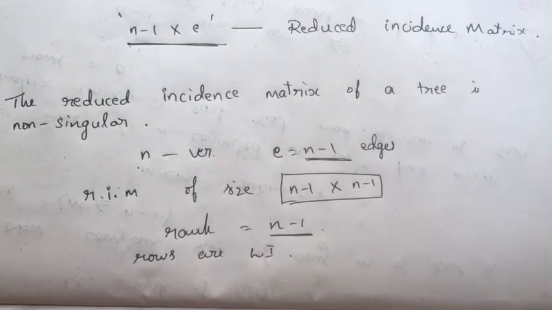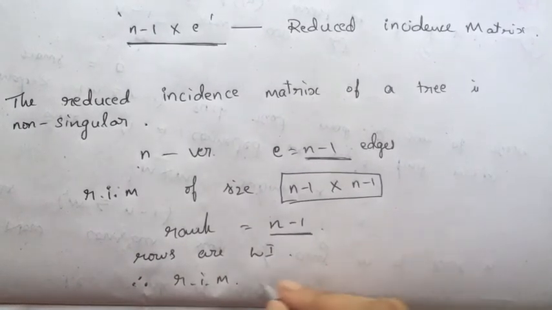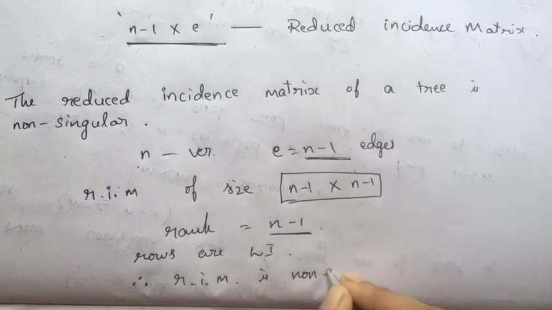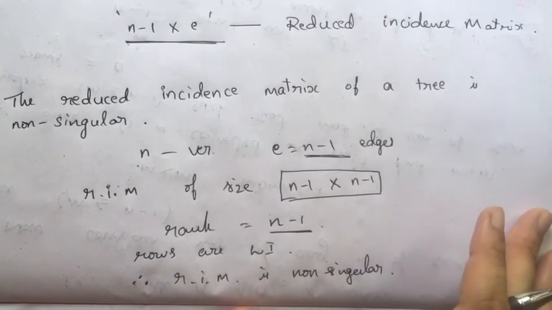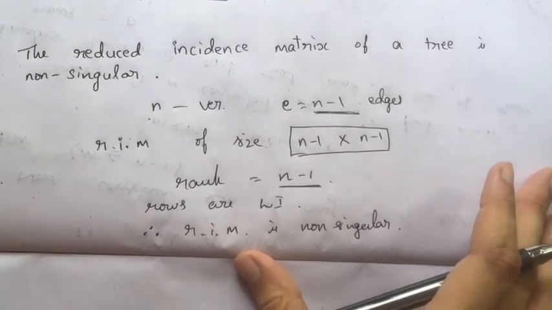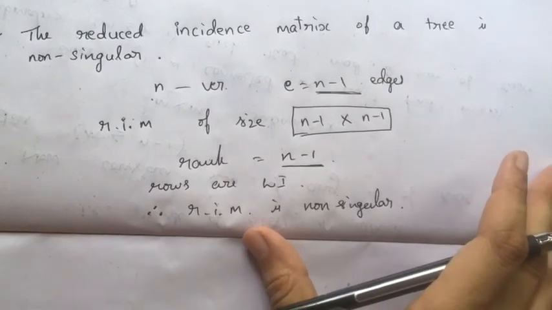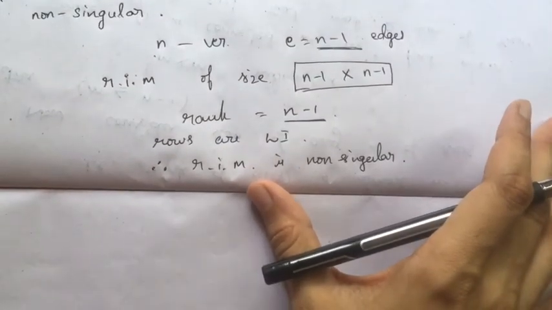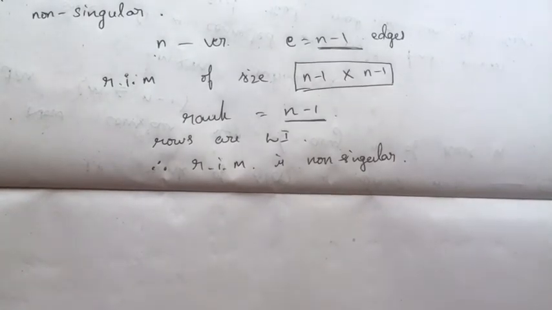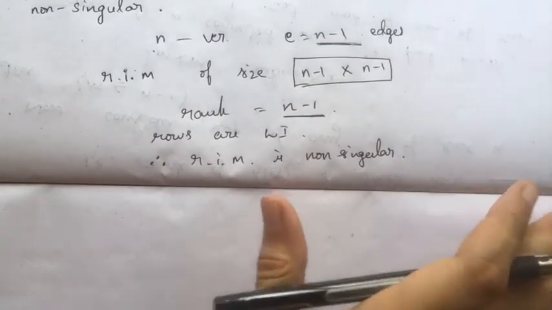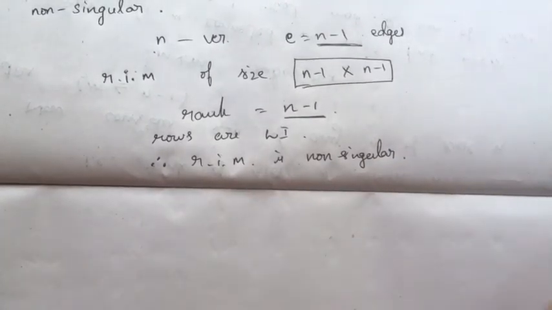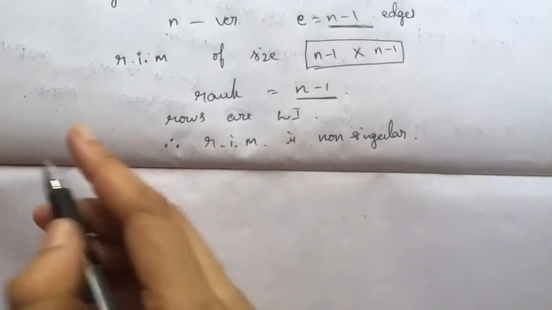Hence it is a non-singular matrix. So remember this point: if I take a tree, then the reduced incidence matrix of a tree is non-singular. In fact, the reduced incidence matrix of a graph is non-singular if and only if it is a tree.